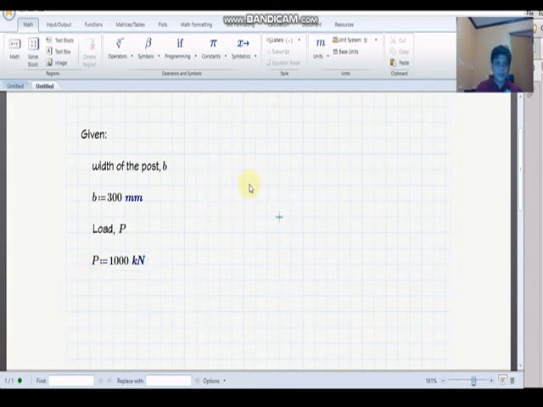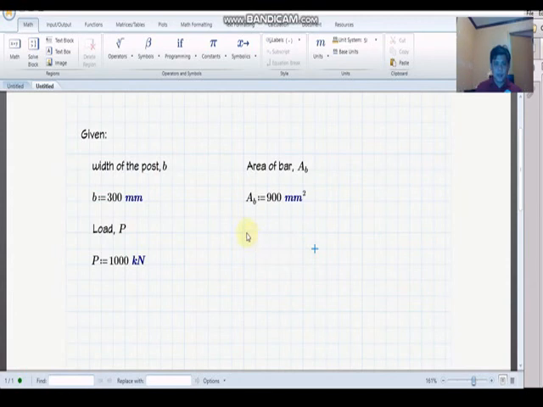We're also given the area of the bar, and let's call that one A sub B. So the area of the bar is equivalent to 900 square millimeters.